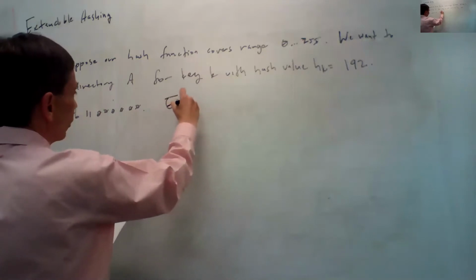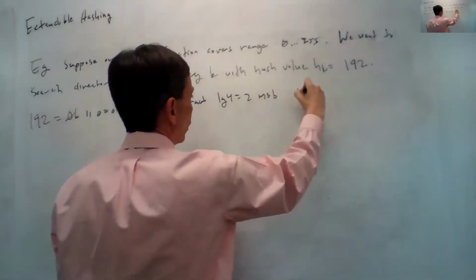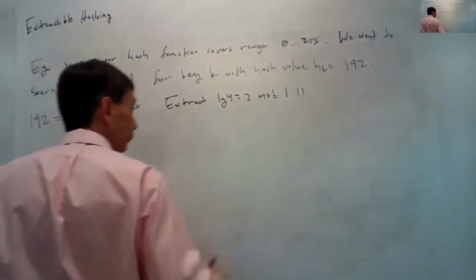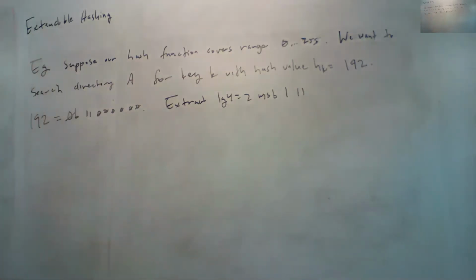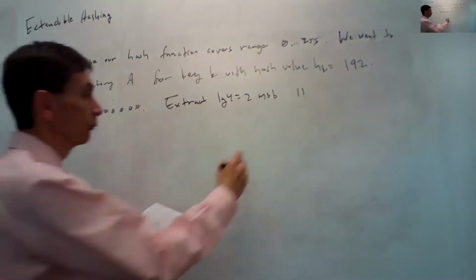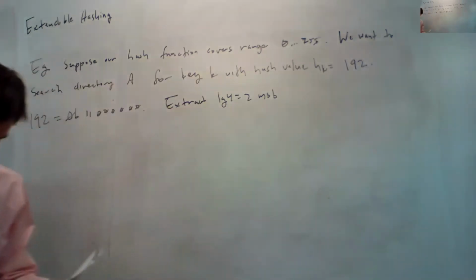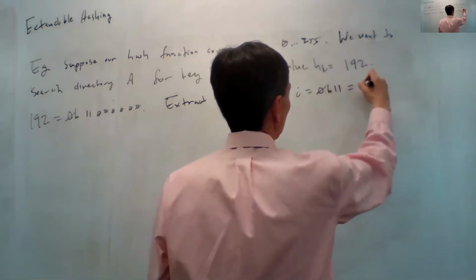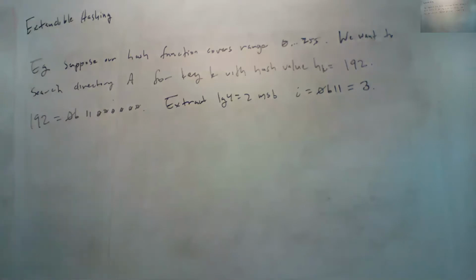So we extract log to the base 4 equals the 2 most significant bits, 1, 1, which is 3 in base 10 format.